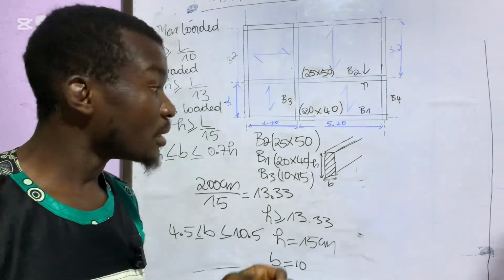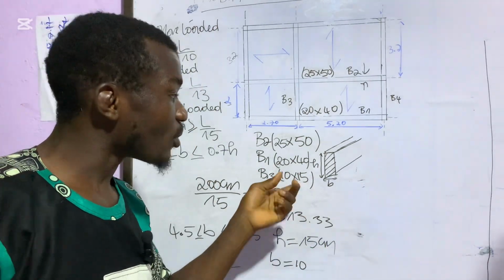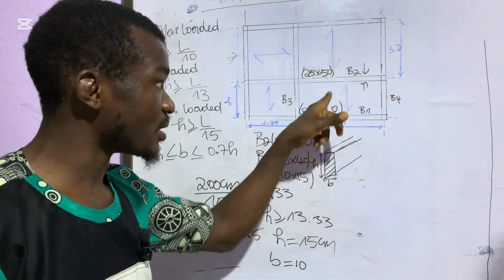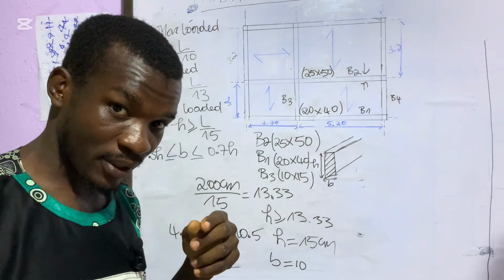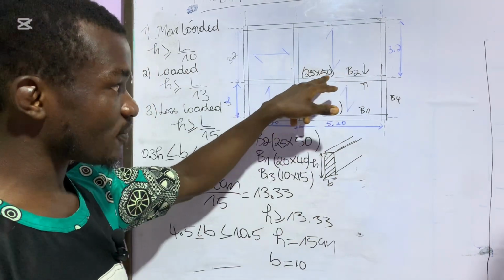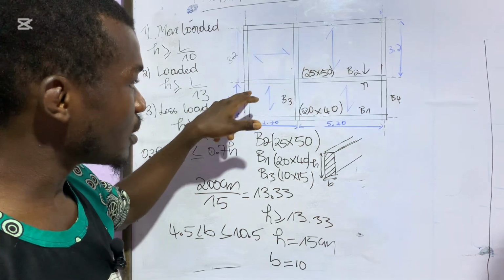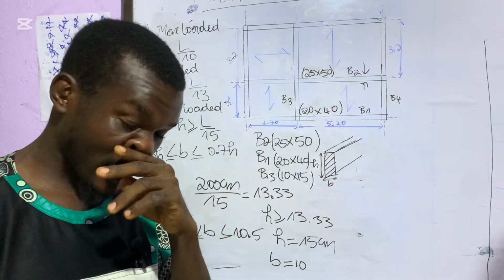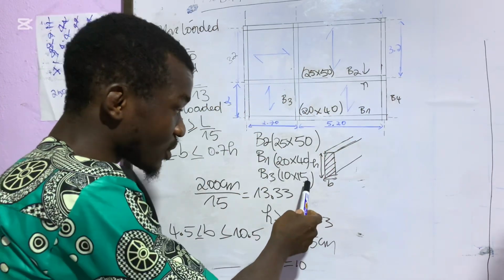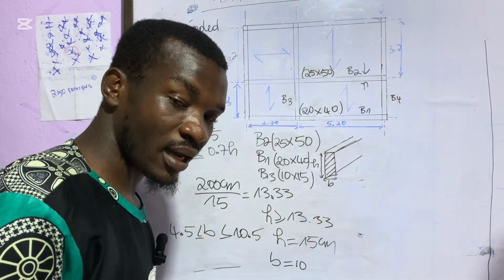What is the importance of doing this pre-dimension? It is important because just realize that B2, for example, has a depth of 50 centimeter. Imagine you transferring all this 50 centimeter on all this other beam, this one, even this one. Or we have just realized that this B3, its depth is 15 centimeter for this case.